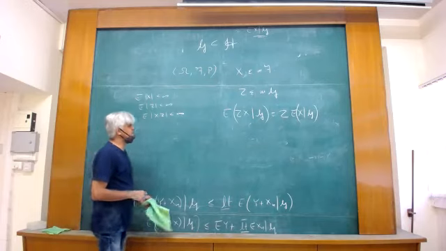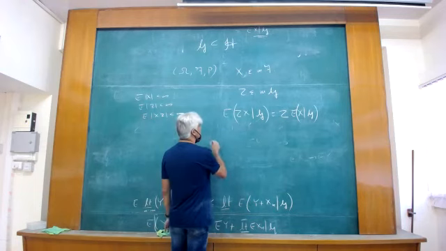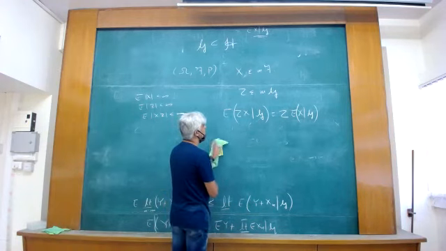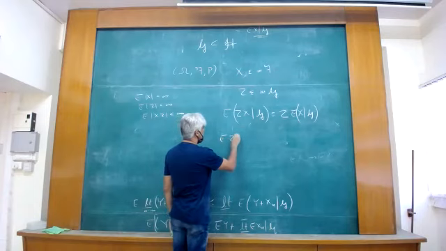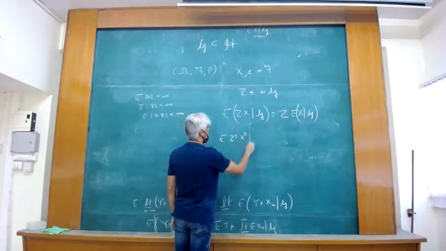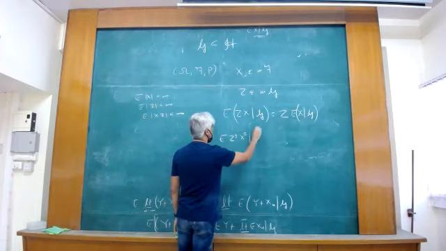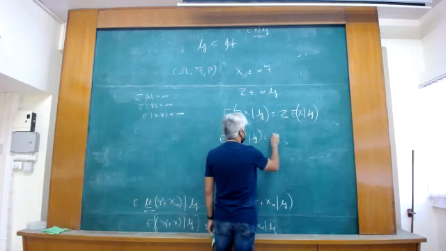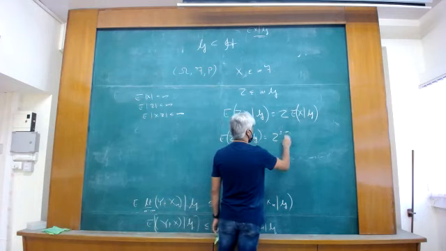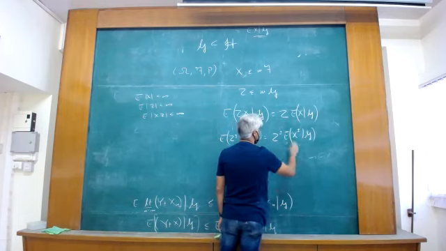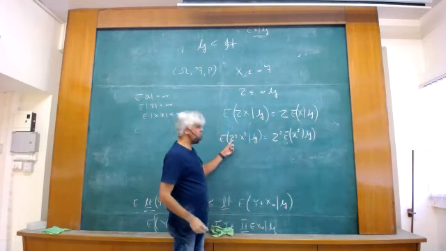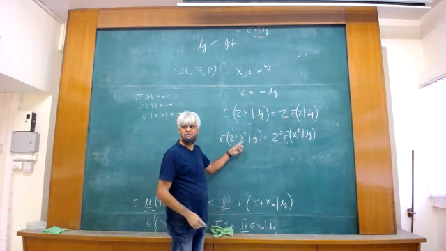It suffices if I can show that E of Z± X± given G is equal to Z± E of X± given G, with all four combinations of plus and minus.